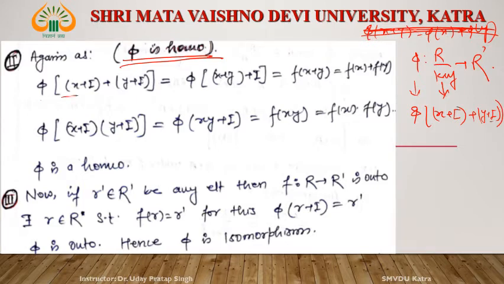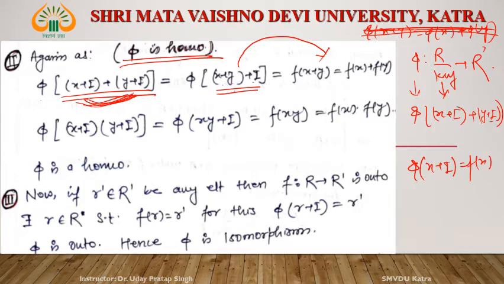So phi of (x + I) + (y + I), but (x + I) + (y + I) is defined in the factor ring as x + y + I. And this one is defined as f of (x + y), and phi is defined as phi of (x + I) equal to f of x.